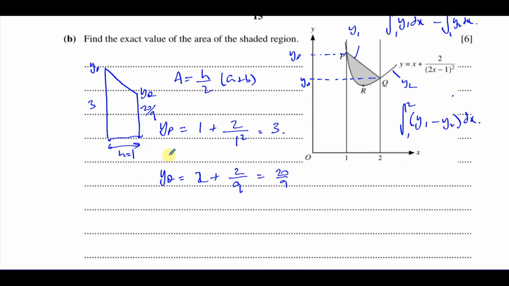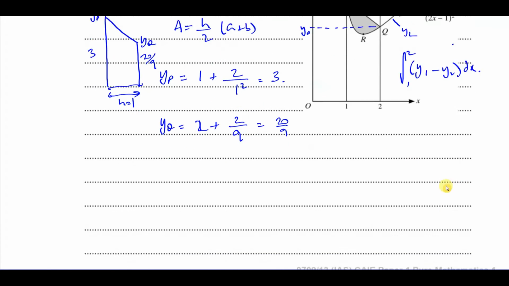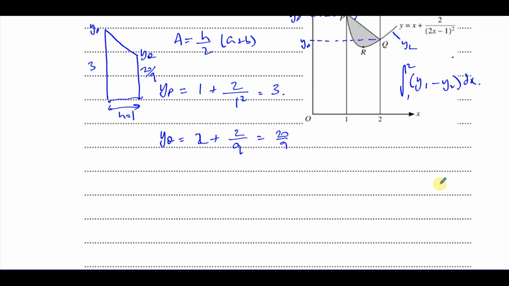Okay, and then what we're going to do after that is find the area of the trapezium. So the area of the trapezium is the difference between the parallel sides, which is 1, over 2, times the sum of the parallel sides, which is 3 plus 20 over 9. Okay, which is a half. You can use a calculator for this, but no problem.